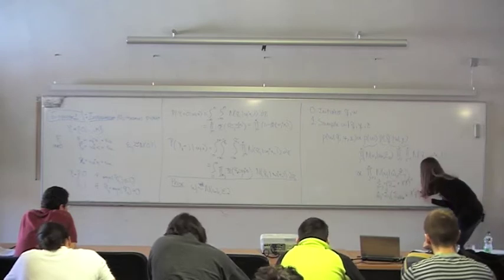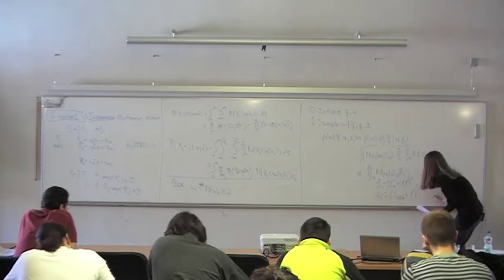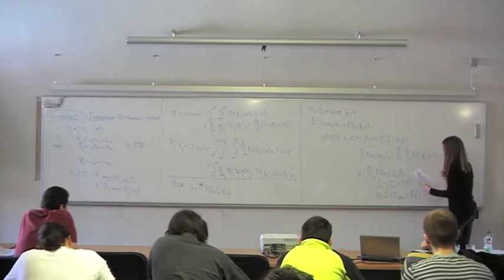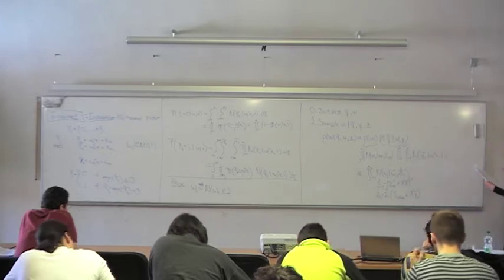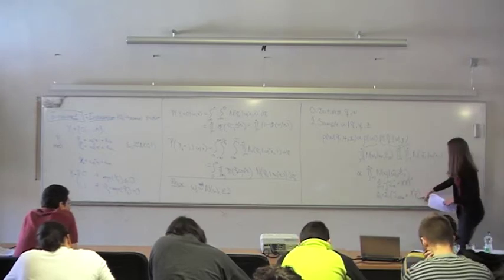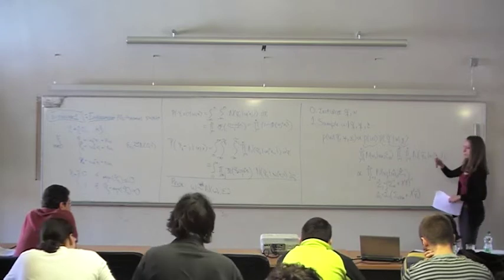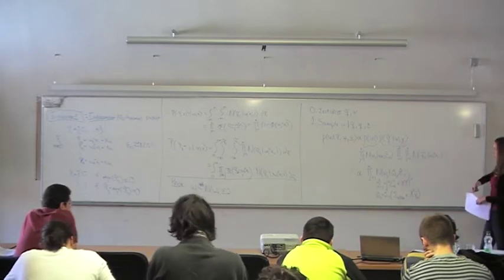So this is y tilde j. So y tilde j is the vector of y_ij tildes.